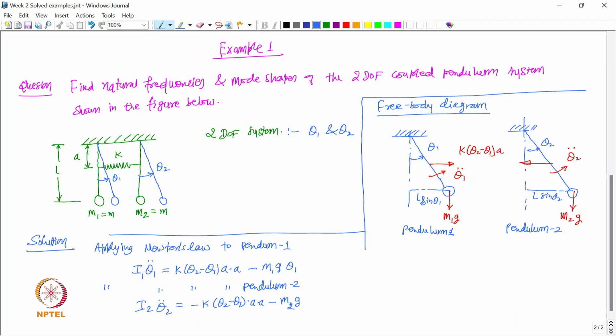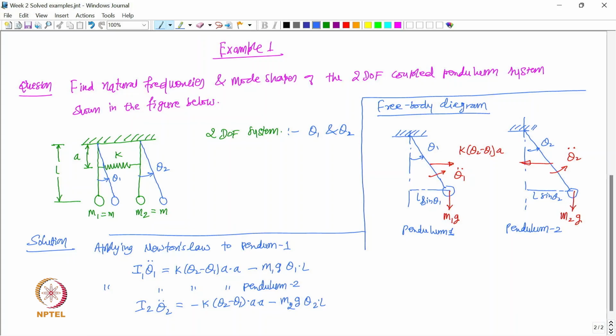For small angle sin theta 2 will be approximately equal to theta 2, and hence we can write this as m2g theta 2 into L. Sorry, I forgot to write L here in the first equation, right. So these are the two equations.